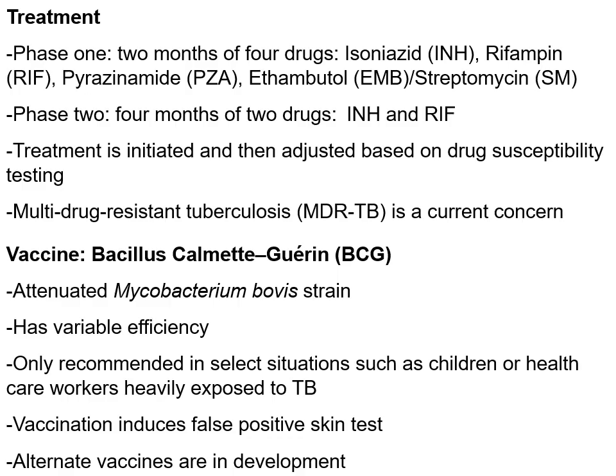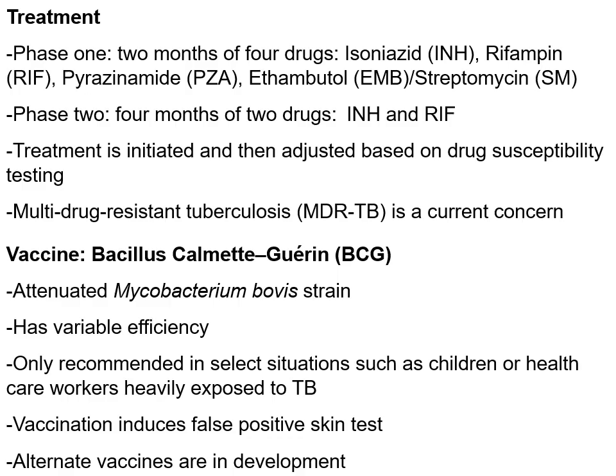You first start treatment upon diagnosis, and then it is adjusted based on the drug susceptibility test. If the organism is drug resistant, it might be resistant to one of the administered drugs, then you adjust accordingly. And of course, multi-drug resistance in tuberculosis is a particular concern, as I alluded to earlier.